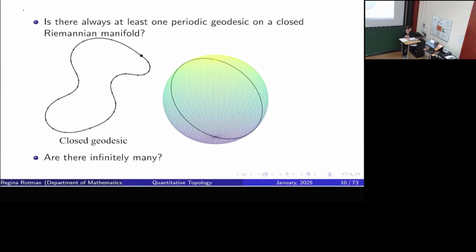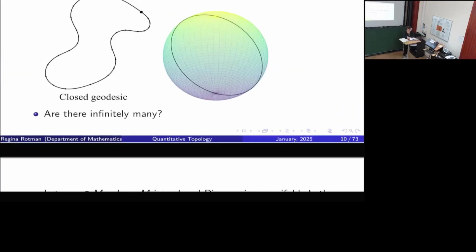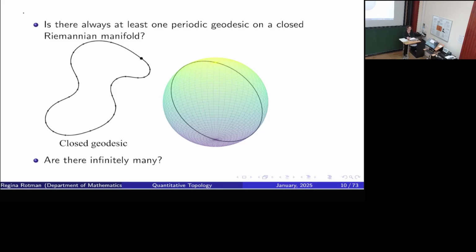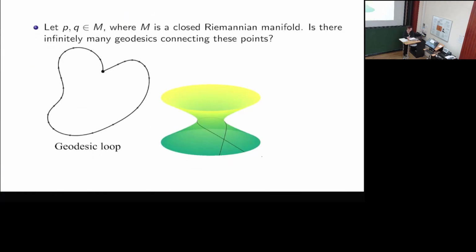Now, one of the questions one might want to ask, if you have a closed Riemannian manifold, is whether there should always be one periodic geodesic. And if you answer this in the affirmative, there is another famous question: are there infinitely many? One can also ask, when we looked at a sphere, given 2 points, we saw that there are infinitely many geodesics connecting those 2 points.